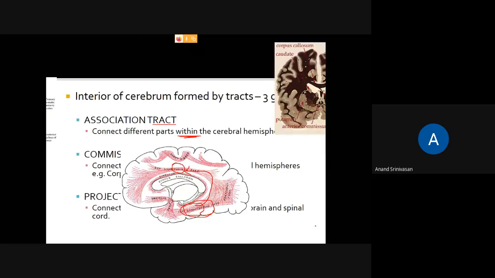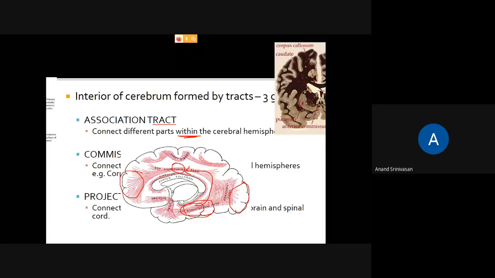Each cerebral hemisphere needs to be connected because each part of the brain has different functions. For example, the occipital lobe has a visual function. The frontal cortex has emotional aspects, all our emotions, sanity, everything is stored in the frontal cortex.